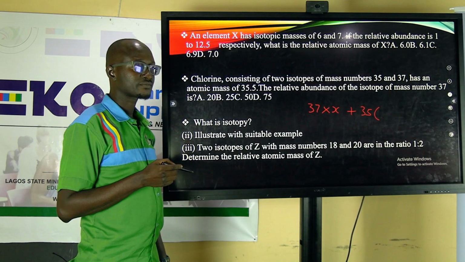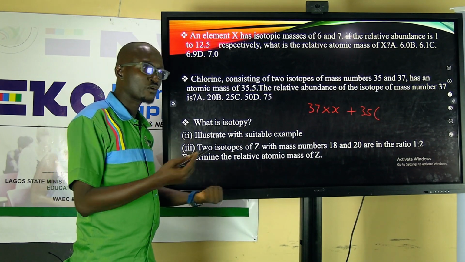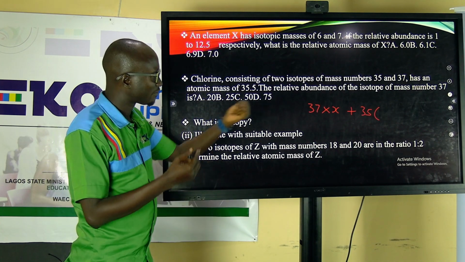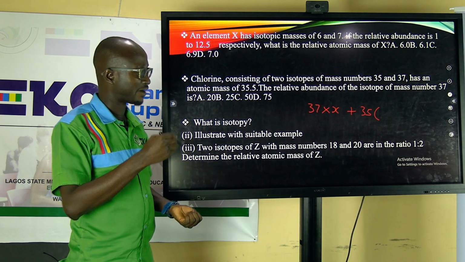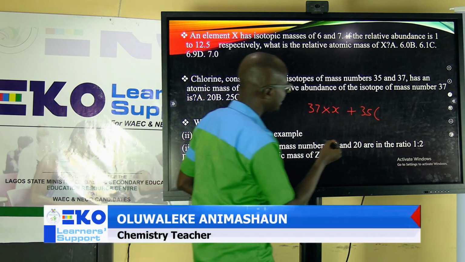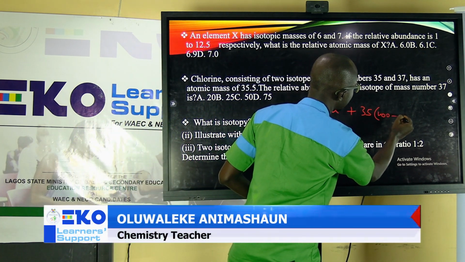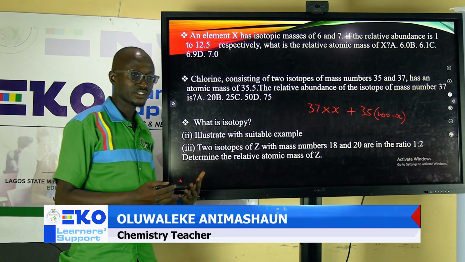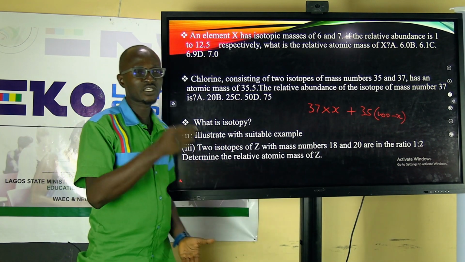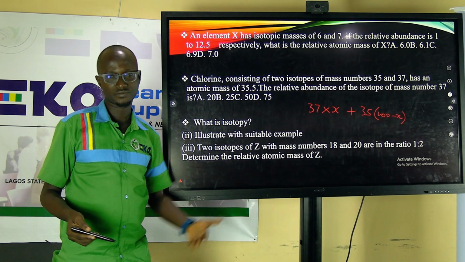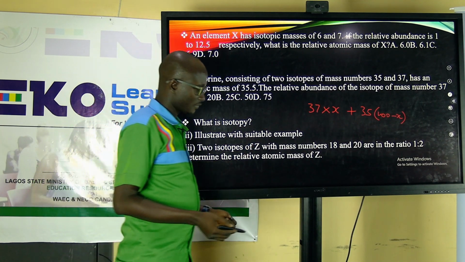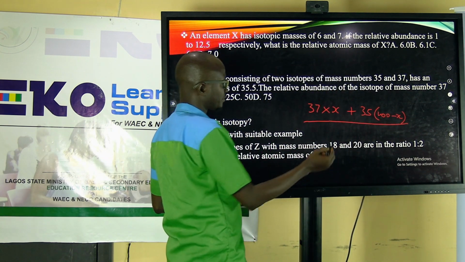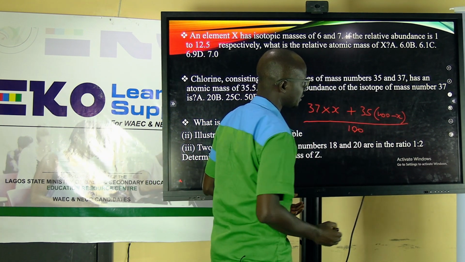It cannot be Y. Since we know that they will sum up to give you 100%, the abundance of the second one will be 100 minus X. I hope we get it, students, because we know that it's in percentage. So if we are given 1%, definitely the other one will be 100 minus that particular percentage you have been given. So you now divide it totally by 100, which is the sum of the abundance.